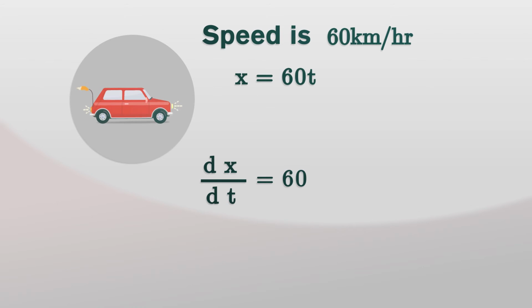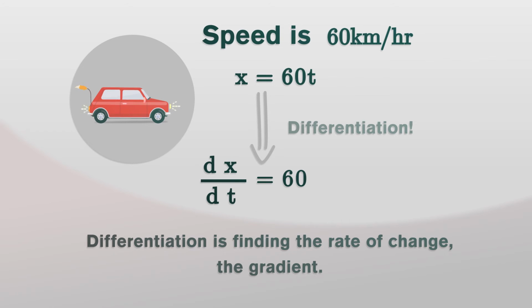The process of going from an equation for position x to an equation for speed, dx over dt, is called differentiation. So to find the rate of change, which is the gradient, we need to differentiate. Differentiation is finding the rate of change between two values, and the rate of change is represented graphically by the gradient.